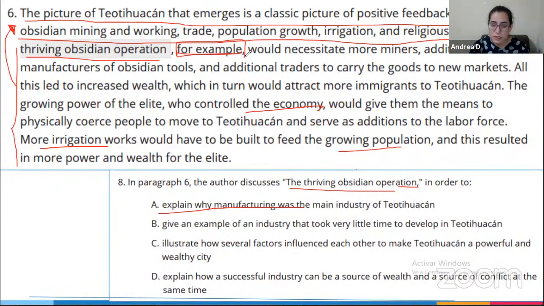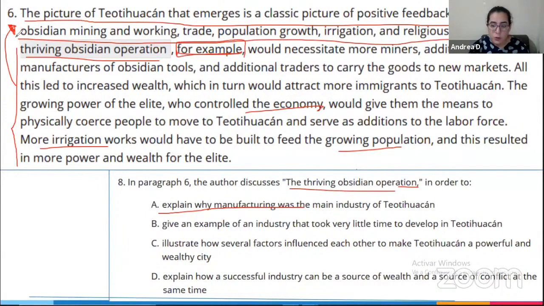Any ideas? Nope. Okay, so basically, it's like if I say something like this.